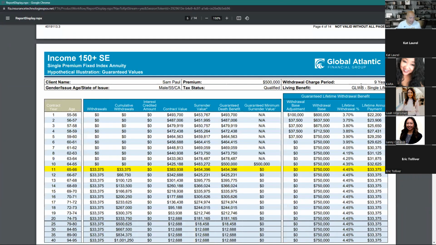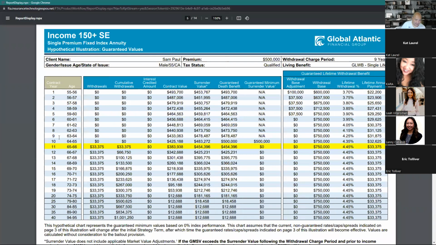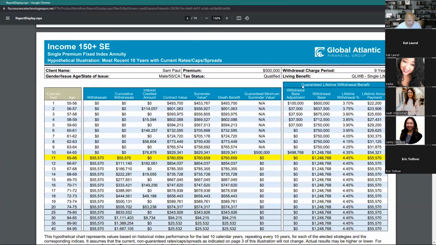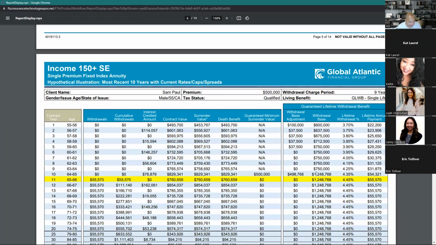Okay, here we go. Going back here. Again, column by column, this is the age. Withdrawals here show 0, but this person decides to withdraw money in year 11. So it's 500,000, and by year 10 it gets to about 1.2 million.